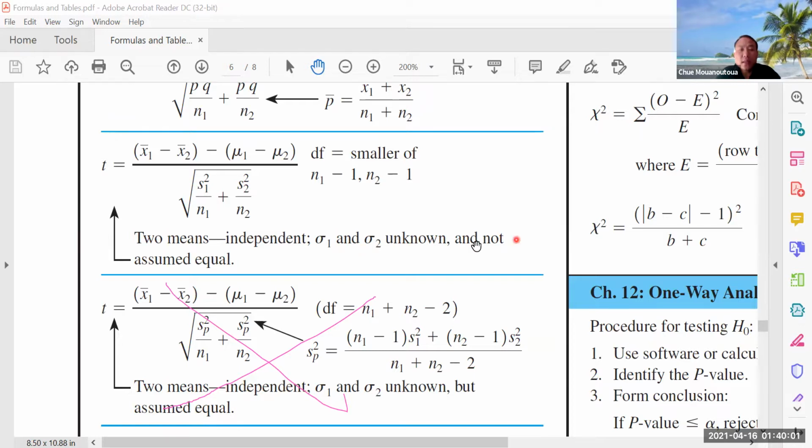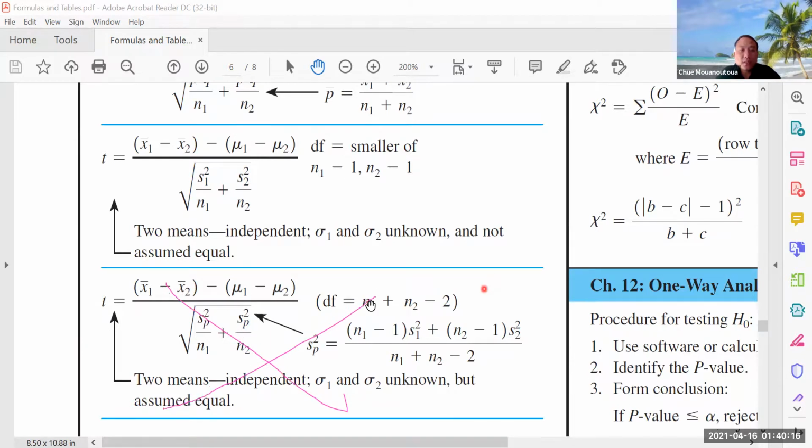We don't assume that sigma 1 is the same as sigma 2. So we don't know sigma 1, sigma 2, and we don't need to assume. This is more of a real-life situation. This one here is just for some experiment. If we assume that they're the same, then we do this. So for more practical purposes, we're going to focus on just this one here. You can ignore this part.